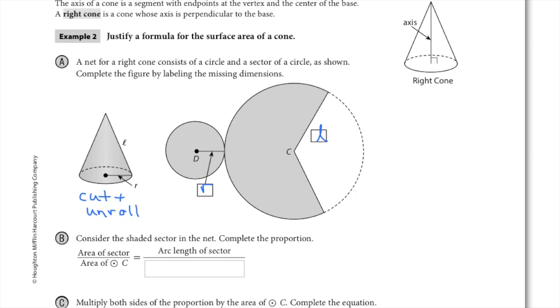The dimensions of circle D: the radius is r. Circle C: the radius is L, or the slant height. Now we're going to complete a proportion here. Area over area equals arc length over arc length. So we're looking for the arc length.